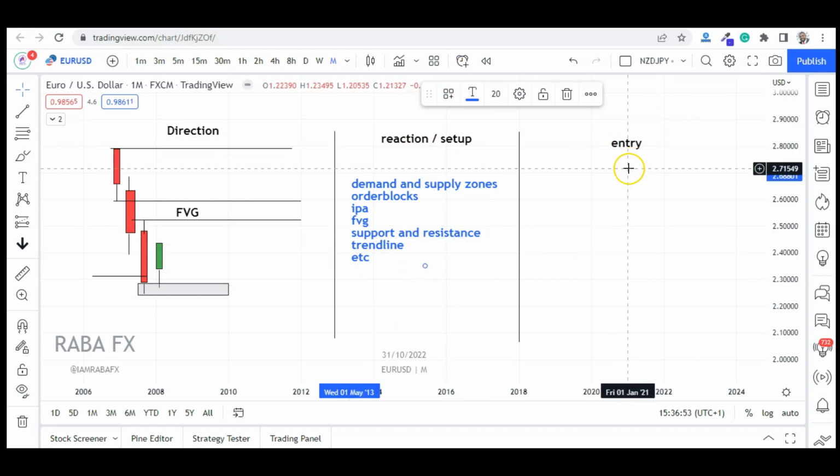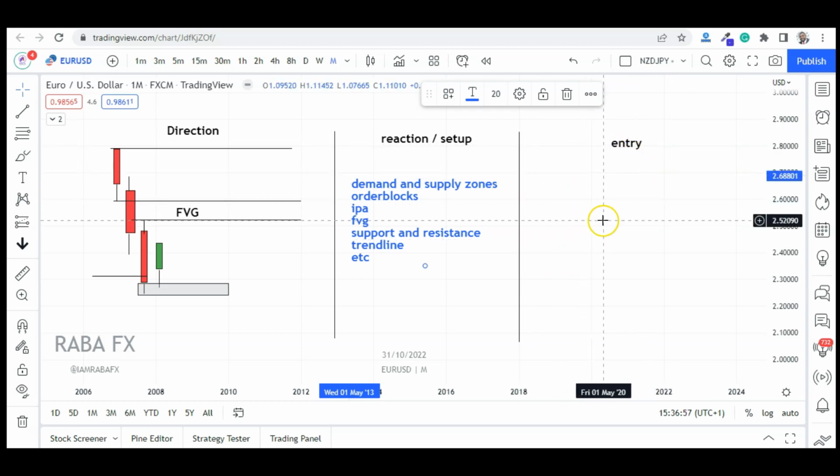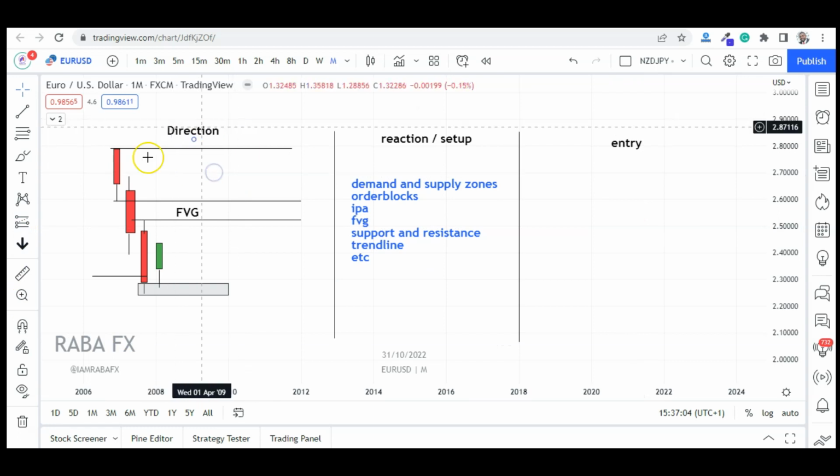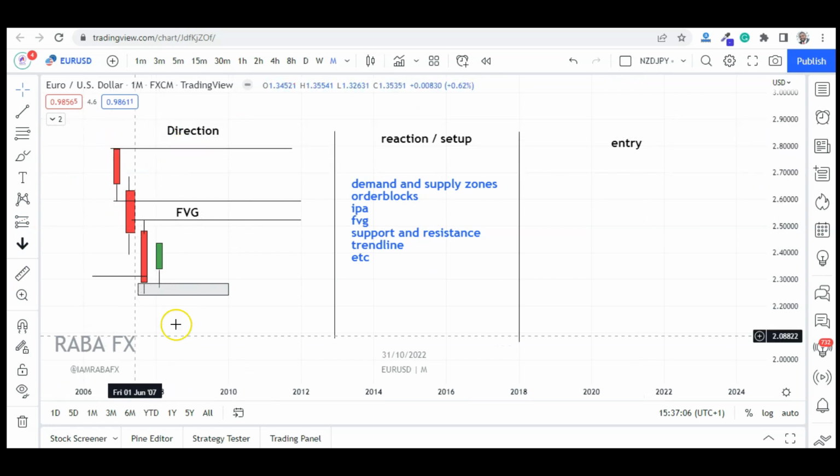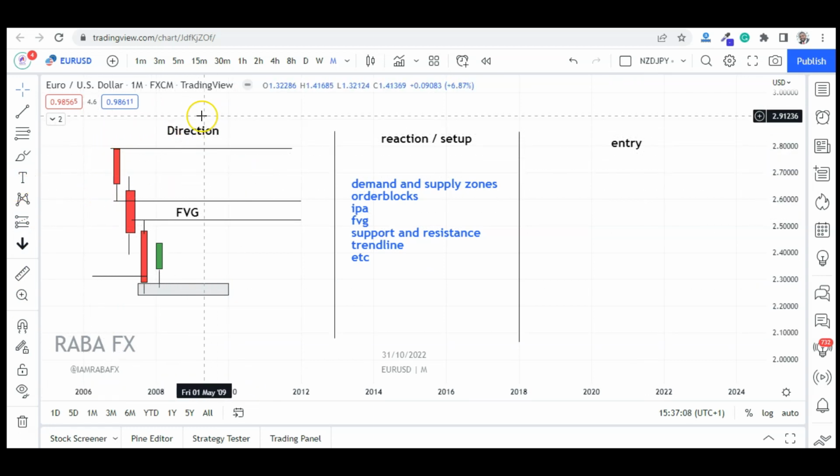And then the last time frame is an entry time frame. I'm going to show you what I'll be looking for personally in this time frame before I can take a trade. Now, let's go back to the direction. Let's assume this is a higher time frame, like let's say the monthly.